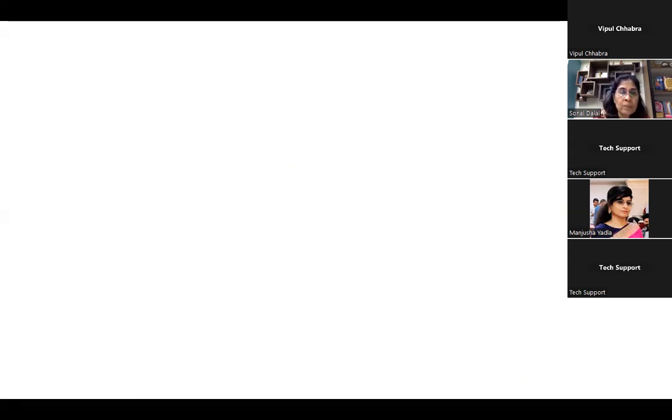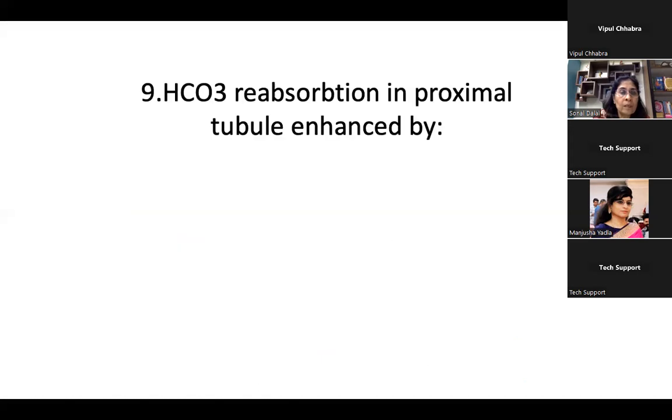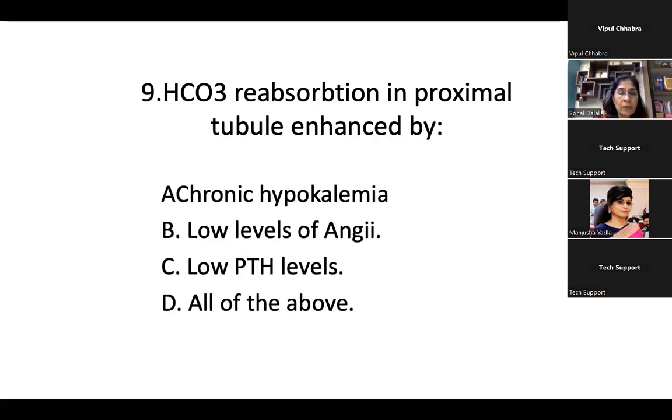Next question, question number 9. HCO3 reabsorption in the proximal tubule is enhanced by option A, chronic hypokalemia, B, low level of angiotensin 1, option C, low PTH level, and option D, all of the above.